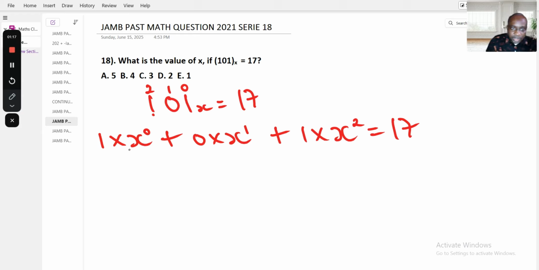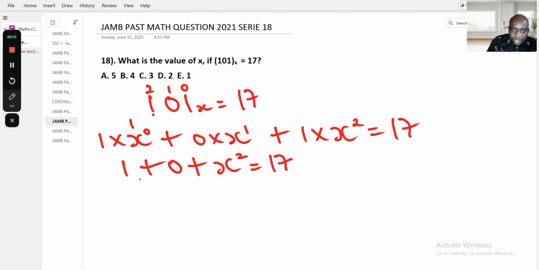17. Anything raised power 0 is what? 1. 1 times 1 is going to give us 1. 0 multiplied by this is going to give you 0. 1 multiplied by x raised power 2 equals 17. Therefore, what do we have left here?